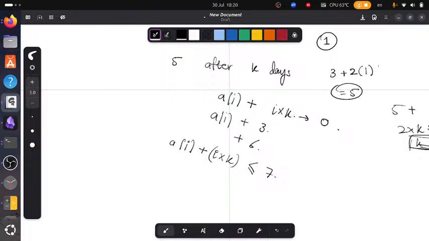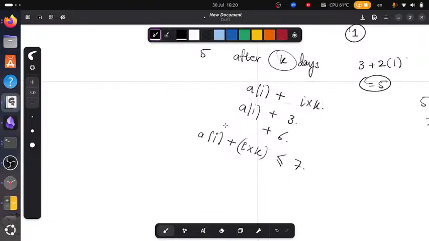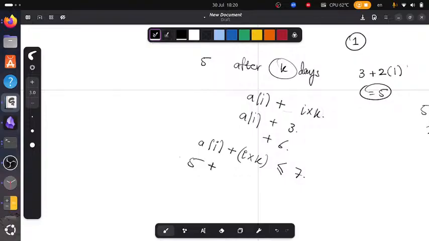On 0th day, so k is going to start with 0 days, alright. So we're going to start with 0, first, second, third, and let's say that right now the value is 5. 5 plus 3k smaller than or equal to 7, right? 3k is smaller than or equal to 2, k is smaller than or equal to 0.